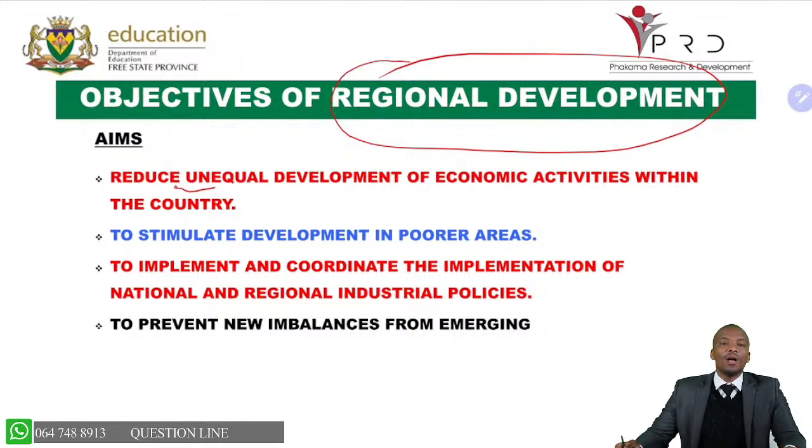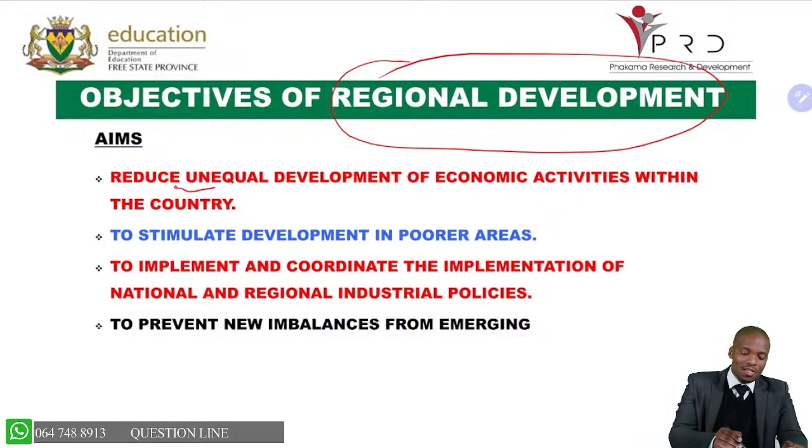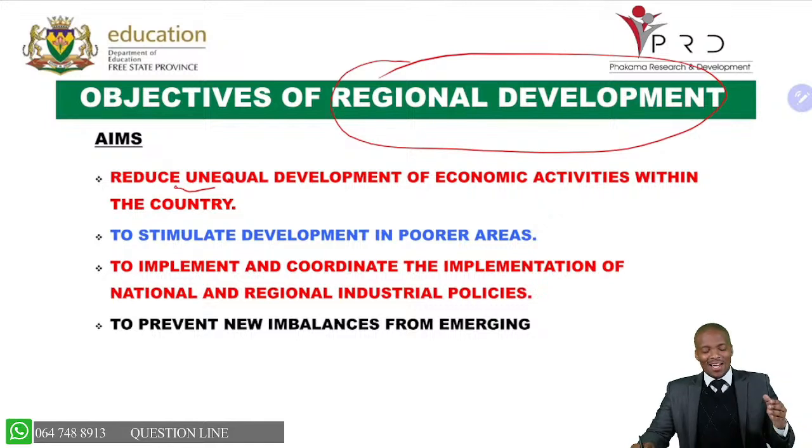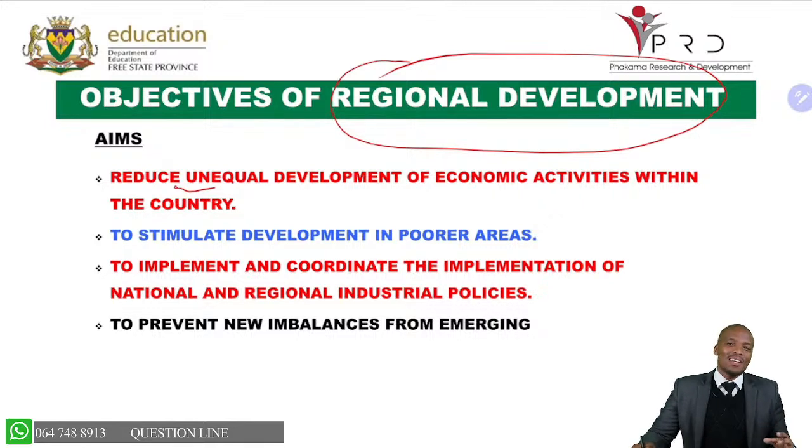Okay. Therefore, what is required in terms of the best practices for regional development? These are the international best practices for regional development. Number 1, good governance. So the question would be, when you see the word good governance, what comes to mind as an economist, or as a person?